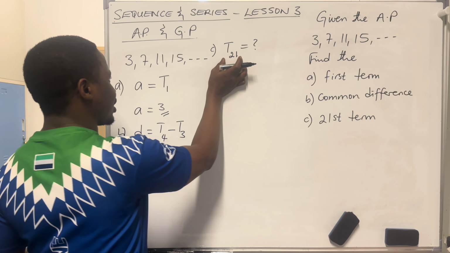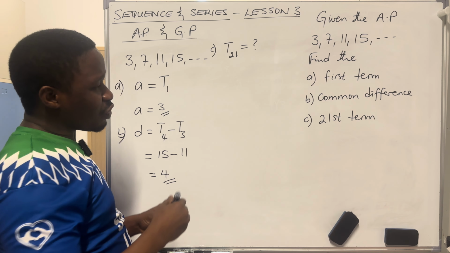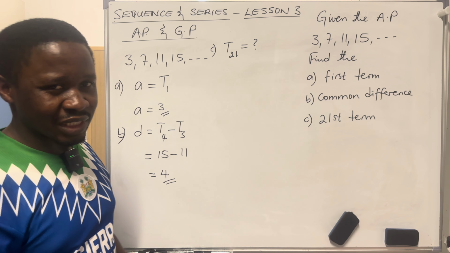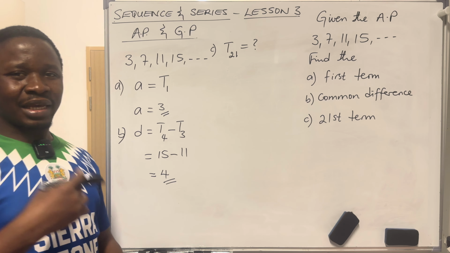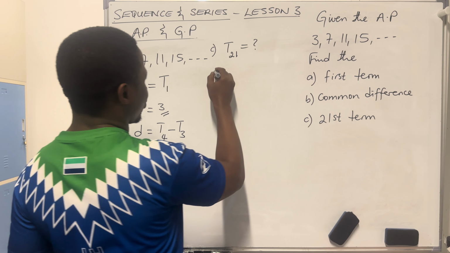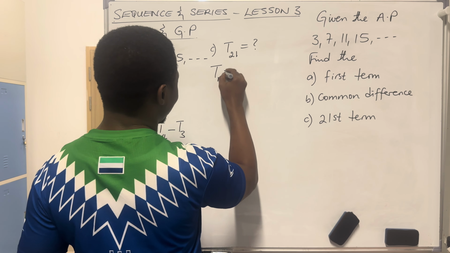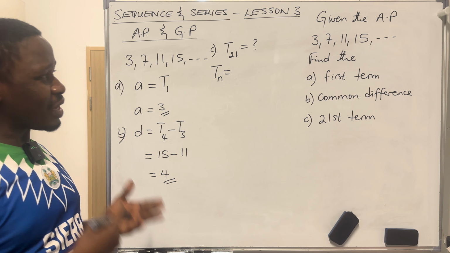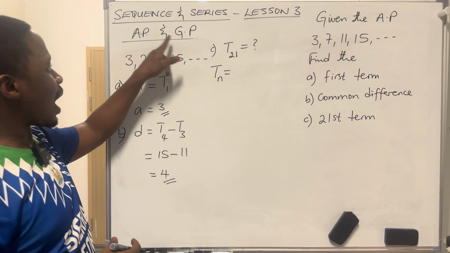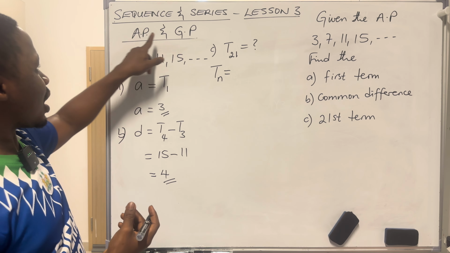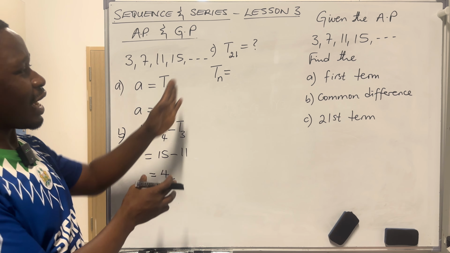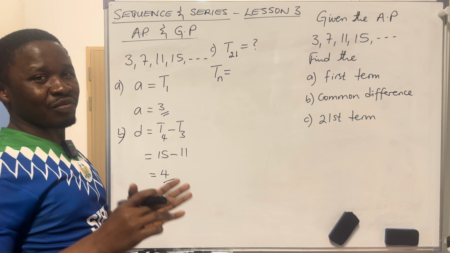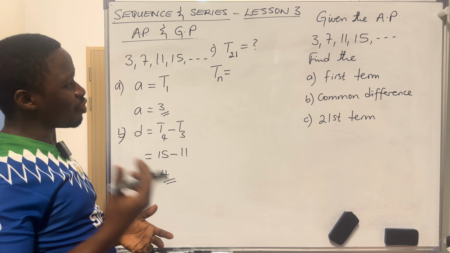If you want to find a particular term, be it the 21st term, 15th term, 18th term, 38th term, we need to consider the general term. This general term formula is based on which of the two you are dealing with. AP has its own nth term formula, and GP has its own general term formula.